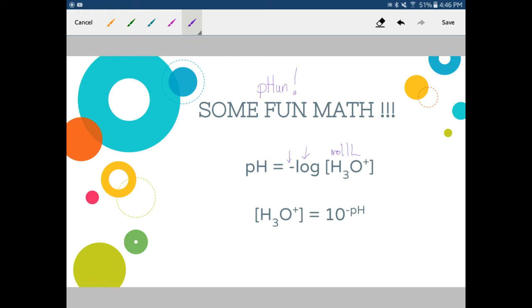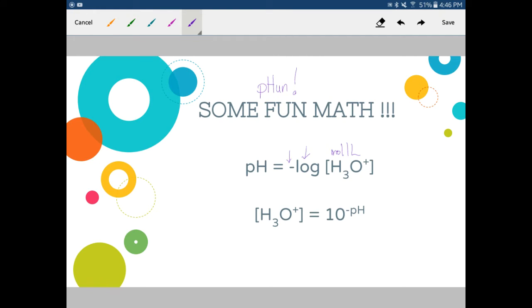Now inversely, this formula is just the rearranged version of this formula, because just like the opposite of adding is subtracting, the opposite of multiplying is dividing, the opposite of a log is 10 to the exponent. So because we have a negative log, we have 10 to the negative exponent. So when we're talking about mathematics, this is just a rearranged formula to solve for this.